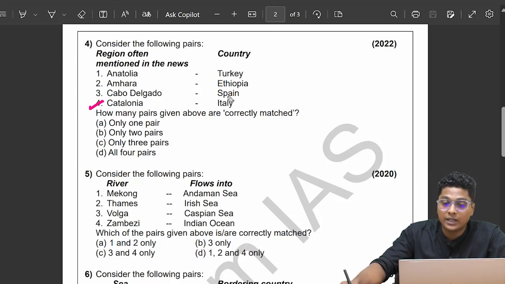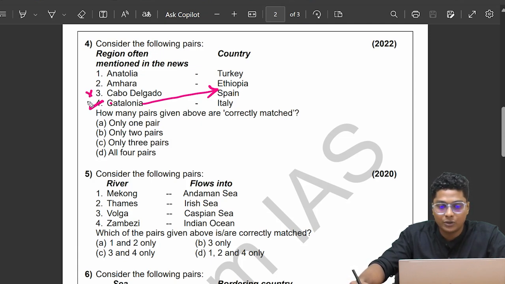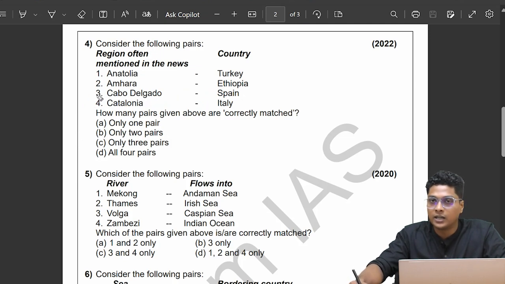So the Catalonia issue is related to Spain. So if you can find Catalonia matched with Spain, then where Spain is given, mostly this will also be wrong. So if you know Catalonia, you get two options wrong. Okay, Cabo Delgado we have studied earlier, it's in Mozambique, right? So these two options are wrong. Amhara we have studied, Ethiopia, which is right.